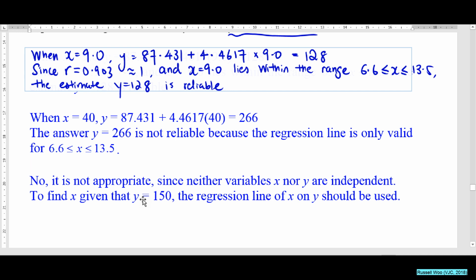It's not appropriate to use y on x. Can you get this idea? Everyone all right? There is no clear-cut independent variable in the phrasing of the question.